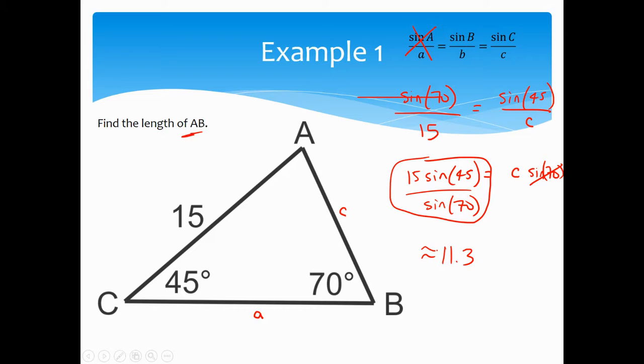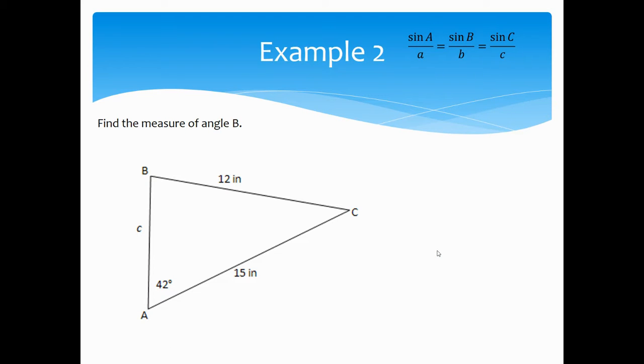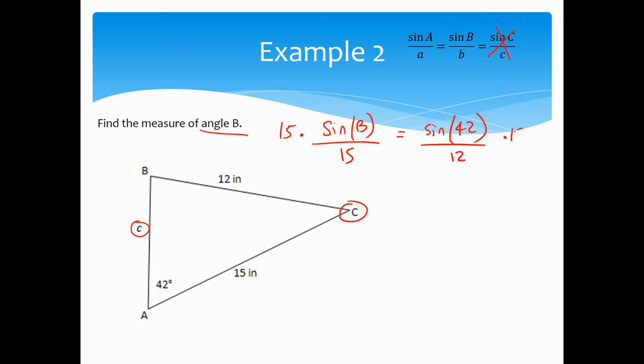All right. Okay, one more example of how to find an angle. So we don't need the c in this one either because we're not given those angles or sides. So to find angle B, I'll just do sine of B over 15 because that's directly across from B. And then sine of A over side A. Now this one I can just multiply both sides by 15.